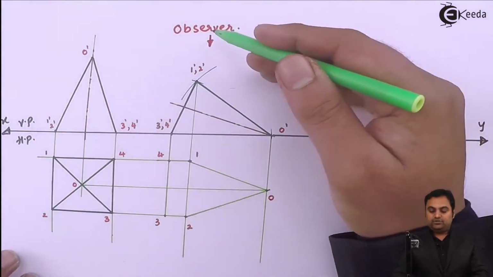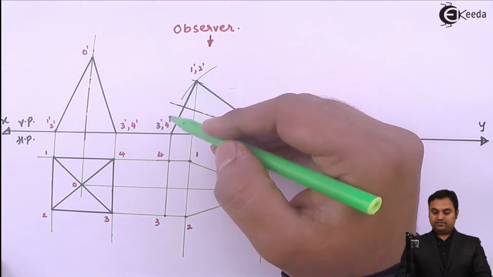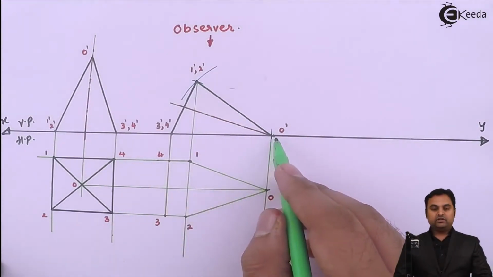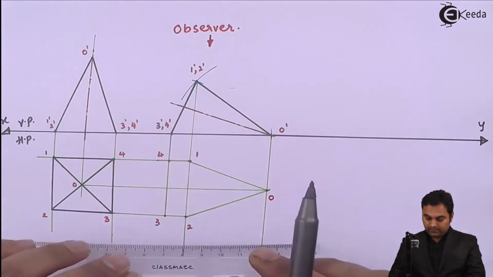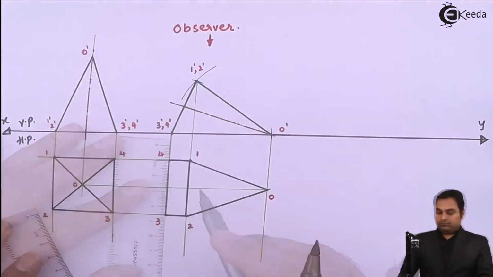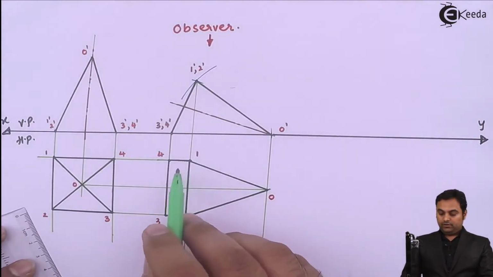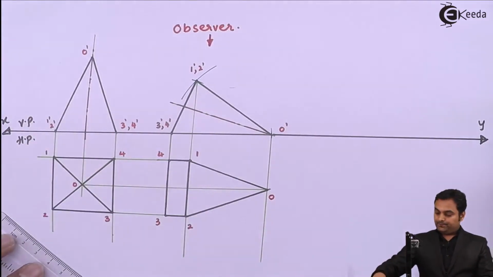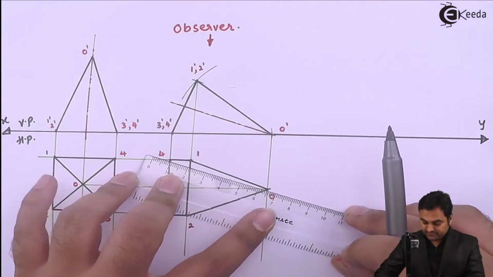Next, as an observer looking from here, 1 dash 2 dash is visible. Similarly 3 dash 4 dash, it means this entire base is visible. Similarly the apex is also visible. So I'll make them dark. Next, here O to 4 will be connected with the help of a dotted line, because two dark lines will never intersect.